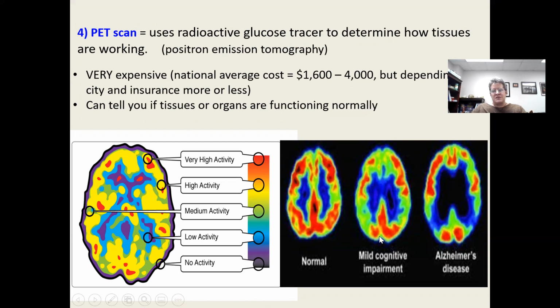When you start to have some mild cognitive function problems, like the middle image, you start to see more areas coming in as blue and black. And then on the farthest right is an Alzheimer patient, and you can see a significant part of that brain has basically gone quiet, very little neuronal activity. And that is probably pretty much permanent loss of neurons in that area of the brain. So a PET scan is good for lots of different reasons.